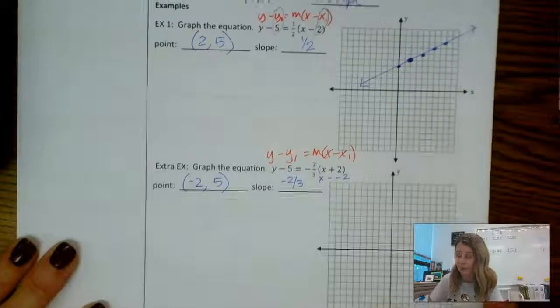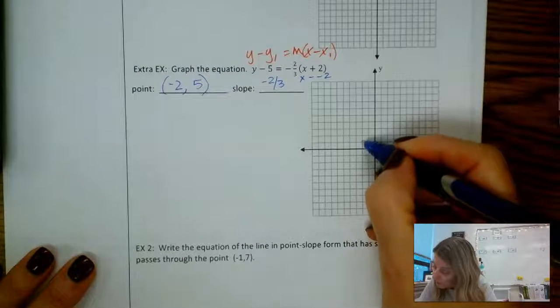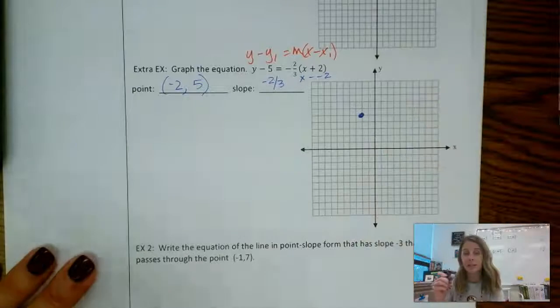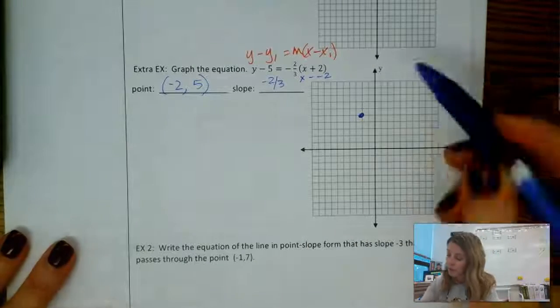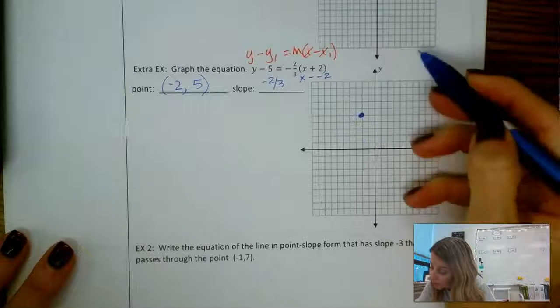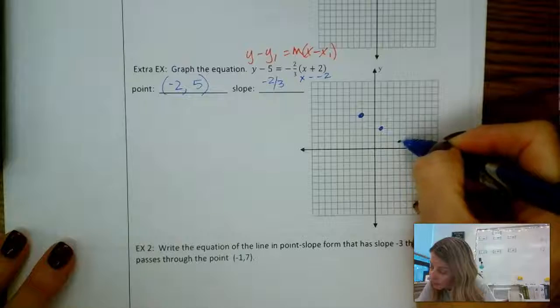Okay, and then we want to graph. So negative 2, 5. 1, 2, 3, 4, 5. And then I have a negative slope. So I'm not going to count up and to the right. I'm going to count down and to the right. So down 2 and then to the right 3.